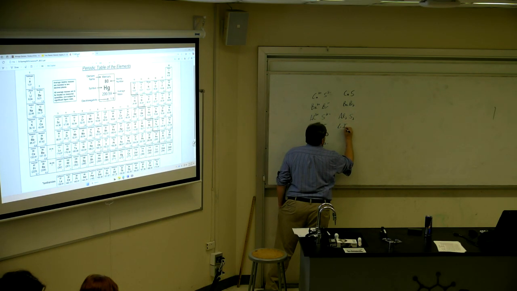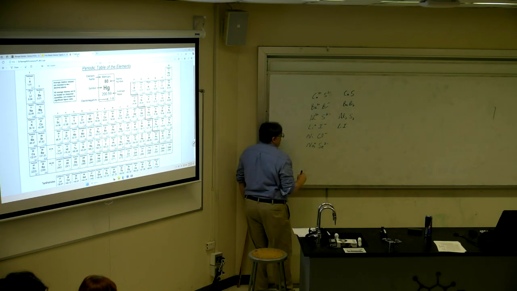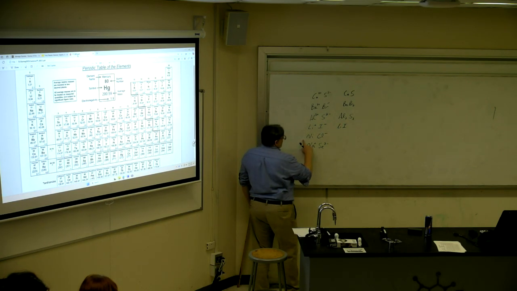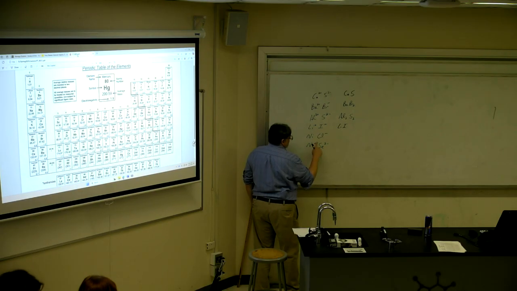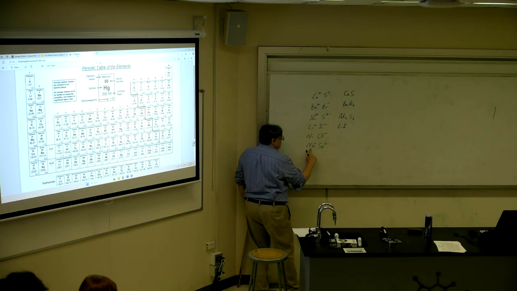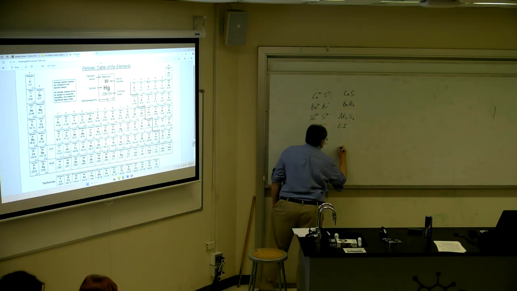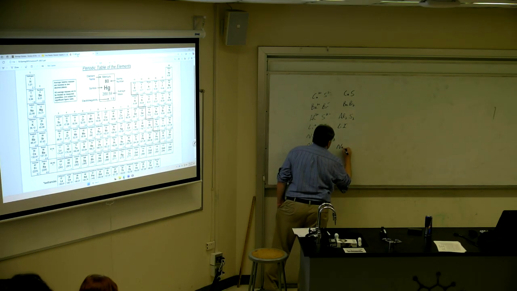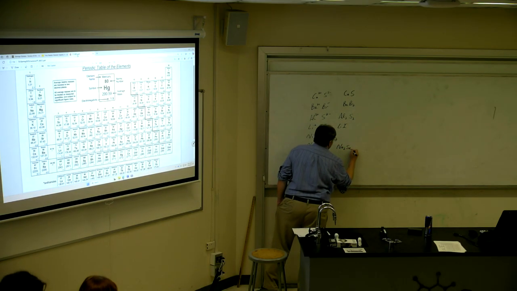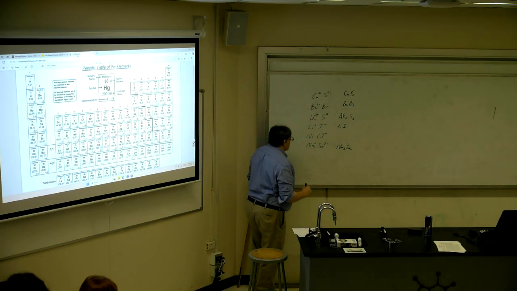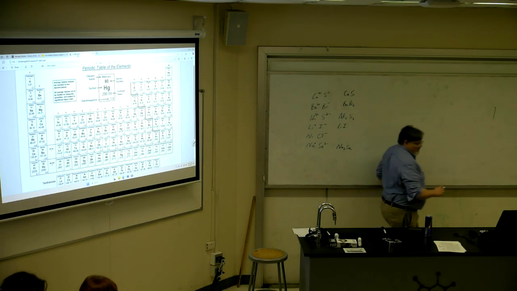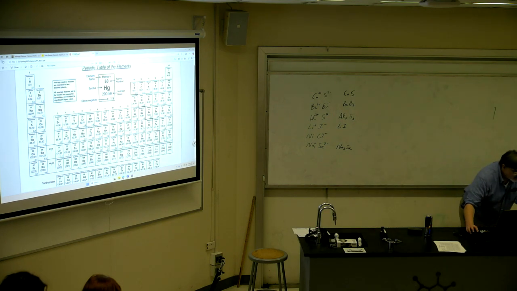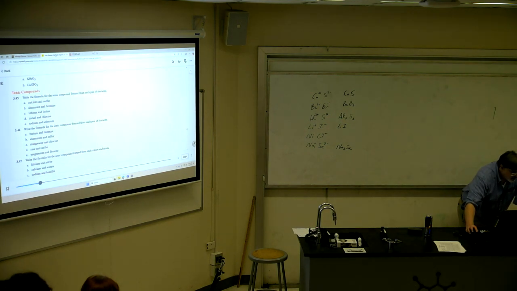It's kind of like least common multiples. These are 1-to-1, so it's just LiI. Let me skip the nickel one. We're going to need 2 sodiums to balance selenium. So this one is Na2Se.